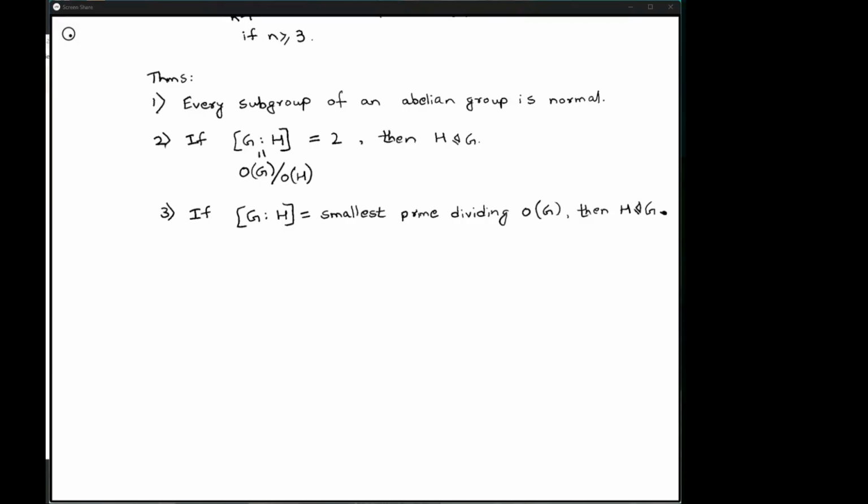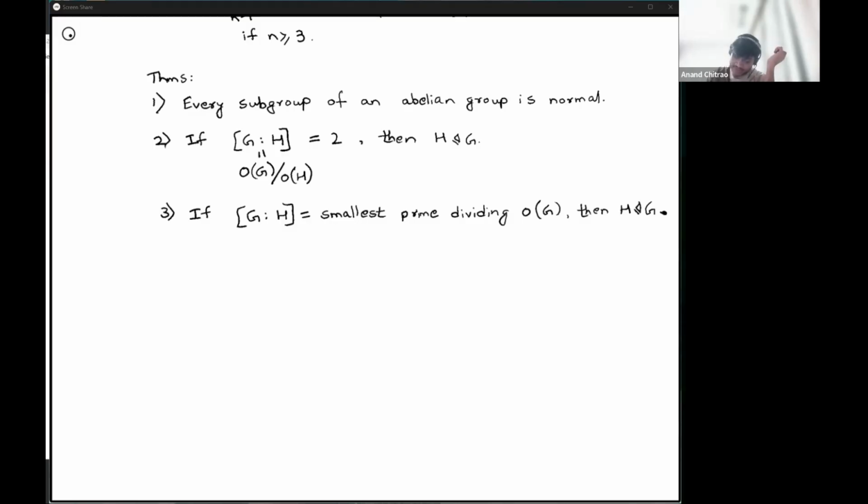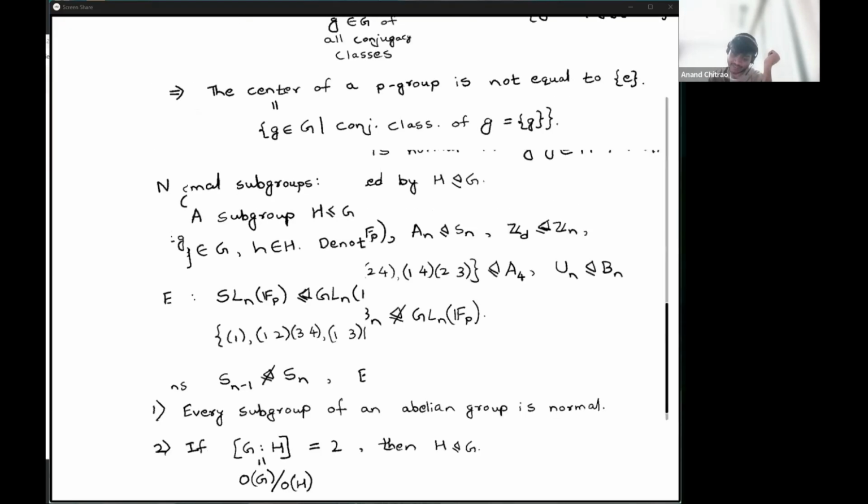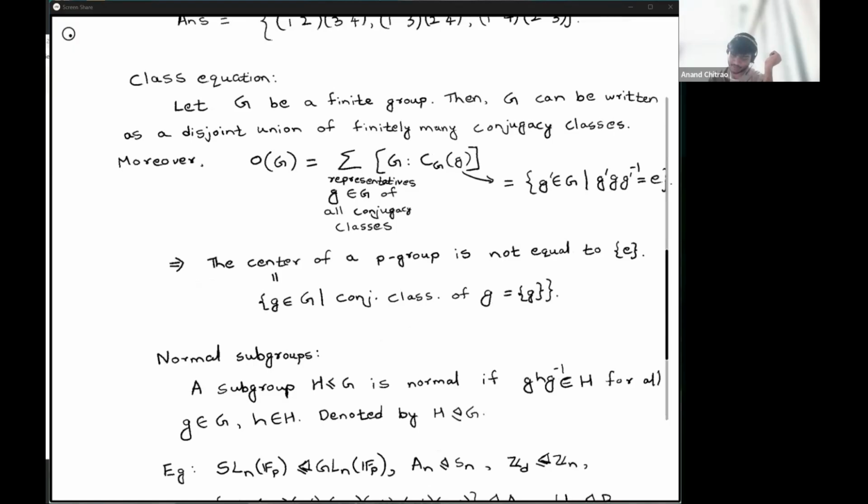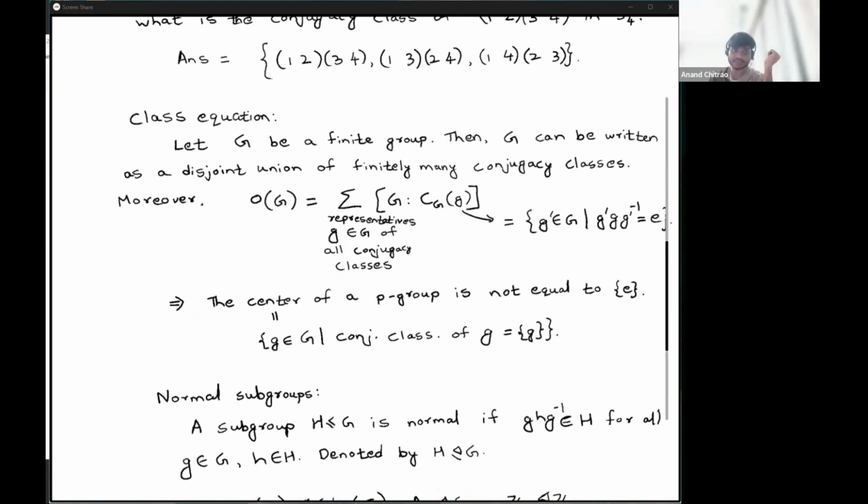Sir, how can we show that the center of a P group is not trivial? Yeah, so it uses this class equation that I wrote down, this one. So let's see, how does one do that?